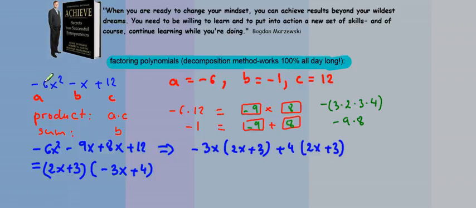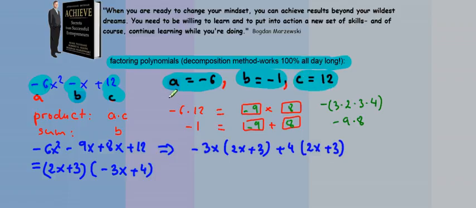So each trinomial has coefficients. So the first is a, the value of that is negative 6. The second coefficient is called b, the value of that is negative 1. And the last, the constant value is called c, and this is 12.